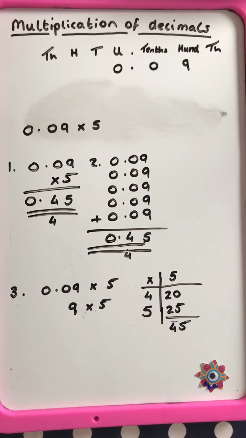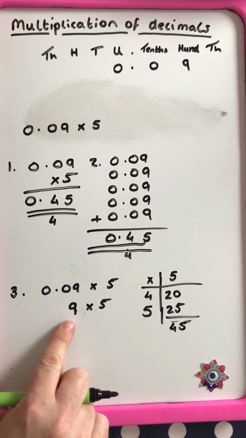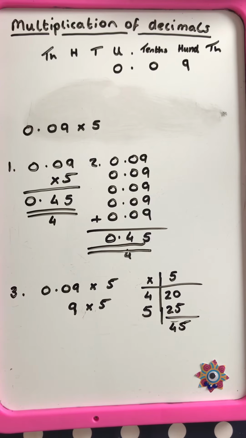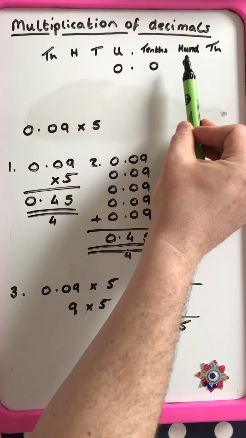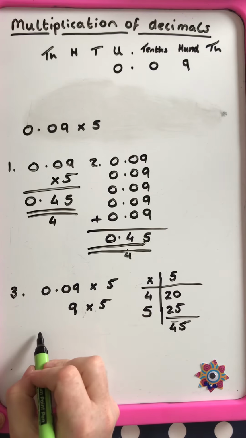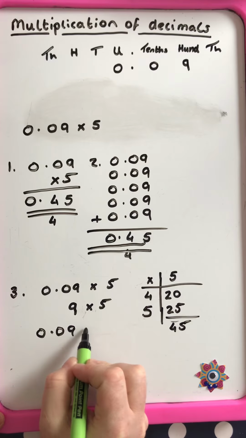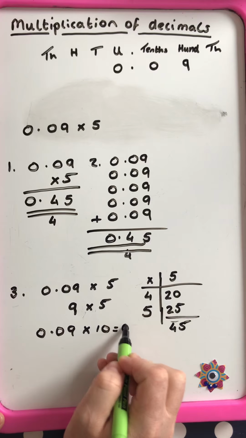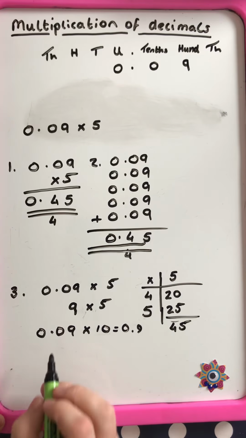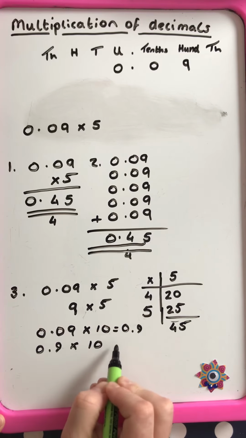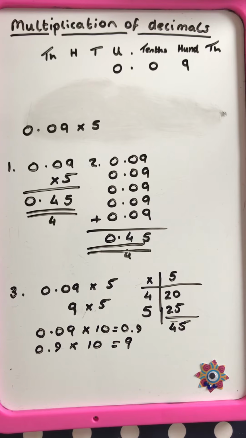So that's 45. Now what did we do to 0.09 to get to 9? We had 9 hundredths. If we multiply 9 hundredths by 10, we get 9 tenths. If we multiply 9 tenths by 10, we get 9.